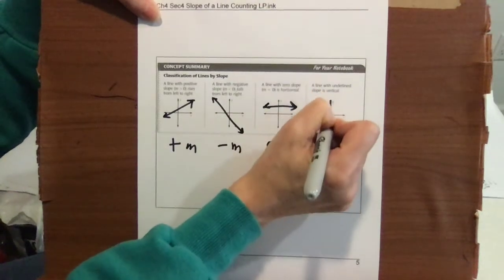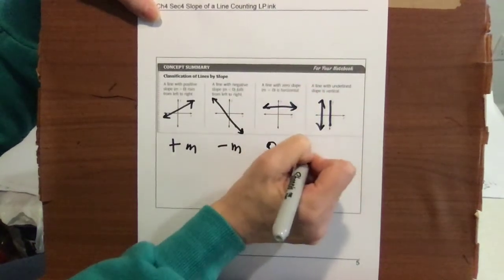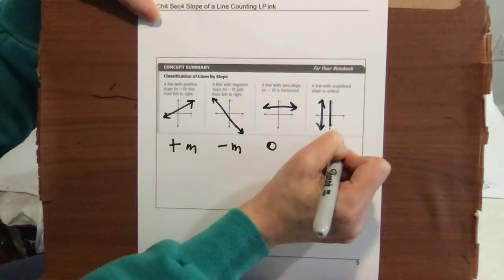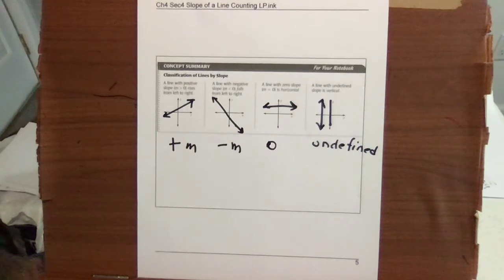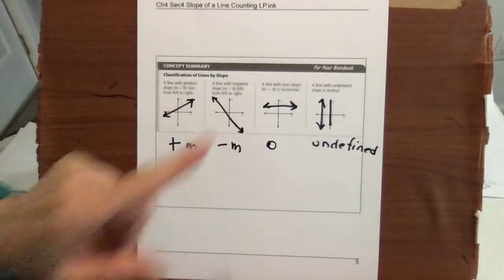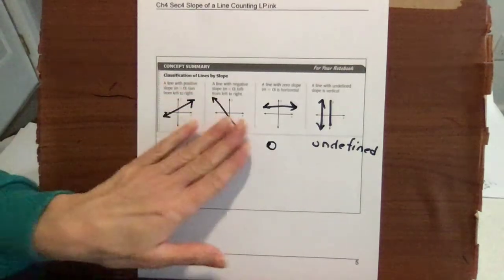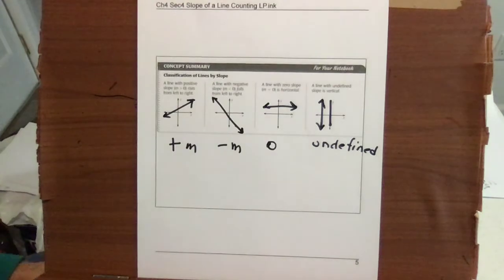And if we have a vertical line here, we have an undefined slope. And you don't have to say slope, you just say undefined once they ask for slope. All right, so positive slope increasing, negative slope decreasing, oblique lines, they're slanted, 0 for horizontal, and undefined for a vertical line.